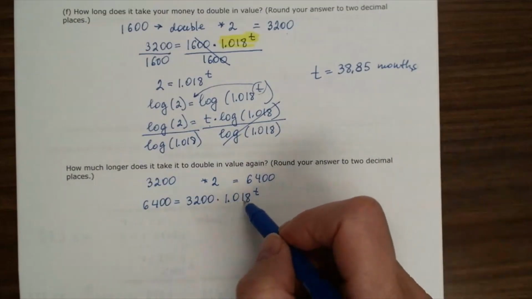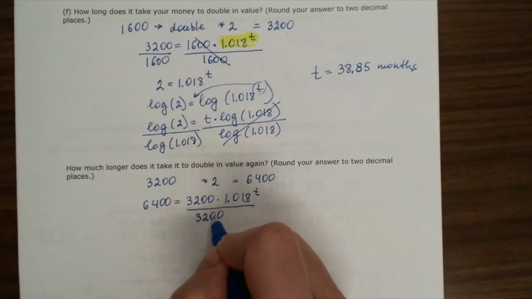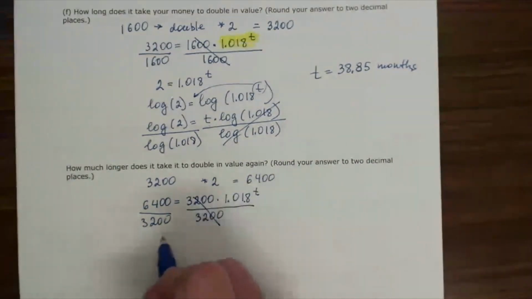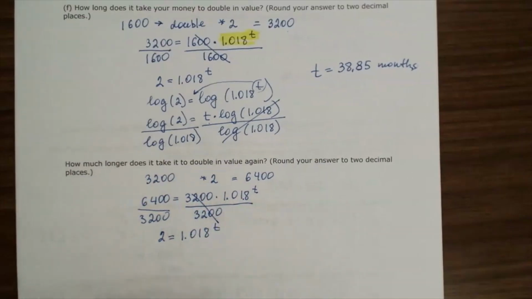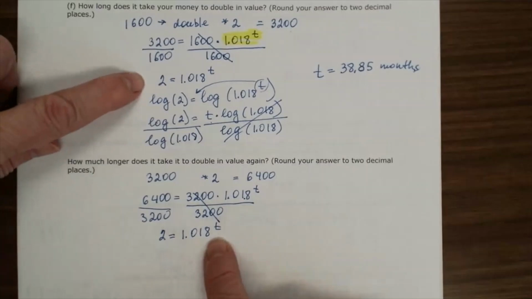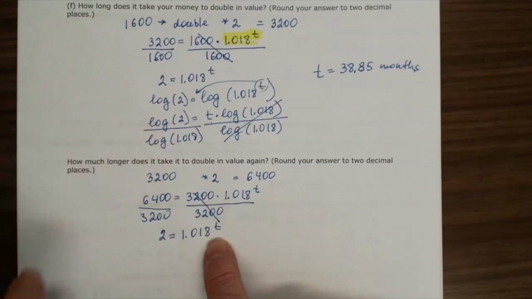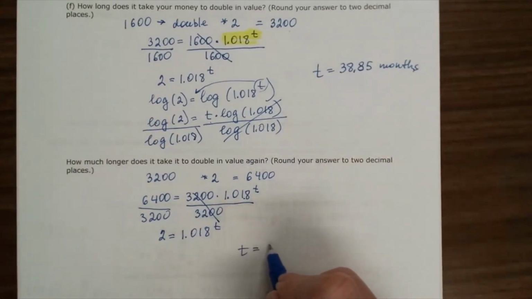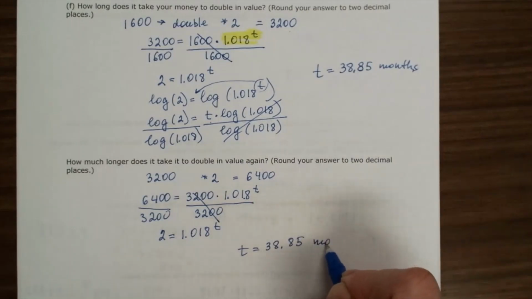Again, we have to have the base to the exponent on one side, so we divide both sides by 3200, and we get the equation 2 equals 1.018 to the t power. You will see that we got exactly the same equation as in the previous question. I am not going to do the same steps. I know the answer. T is equal to 38.85 months.